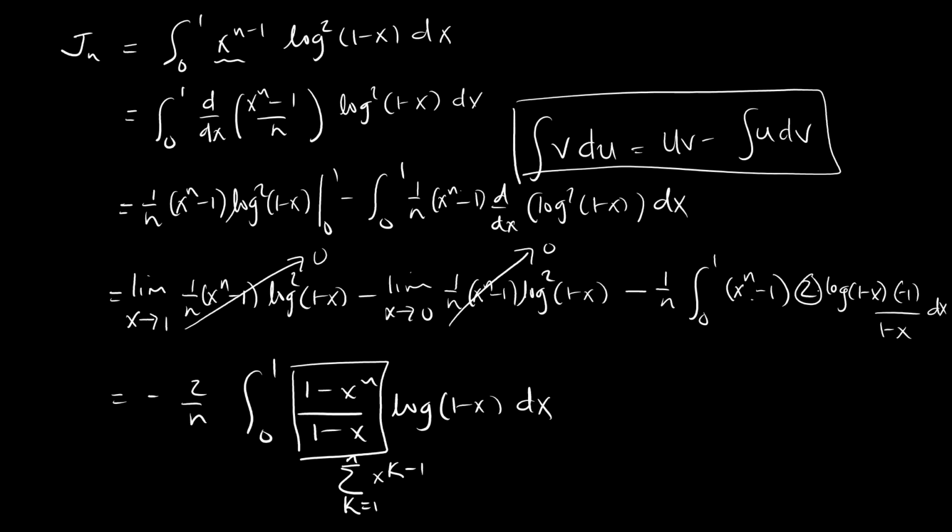Okay, so then our problem becomes, if we had this, let's just rewrite what we had, (1 minus x^n) over 1 minus x, log of 1 minus x.